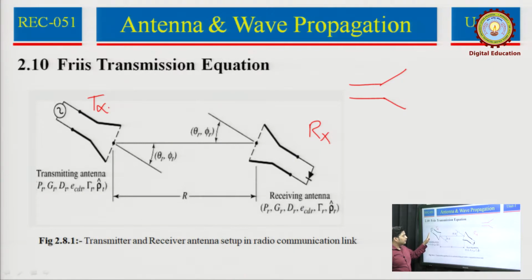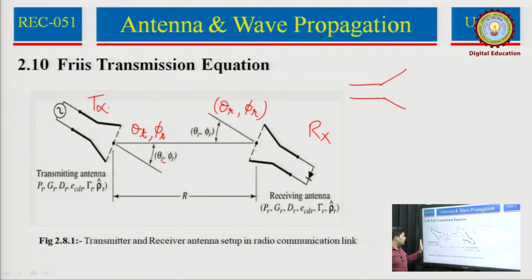So, what is over here? It is transmitting in a direction theta t and phi t. This is transmission, theta t comma phi t. Same, it is receiving at angle theta r, phi r. R for receiving, T for transmitting.